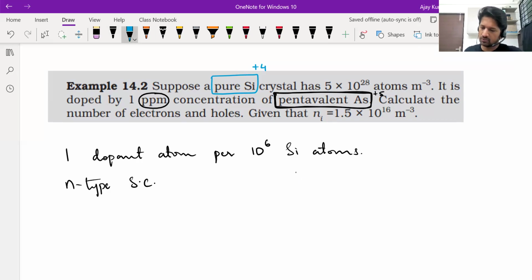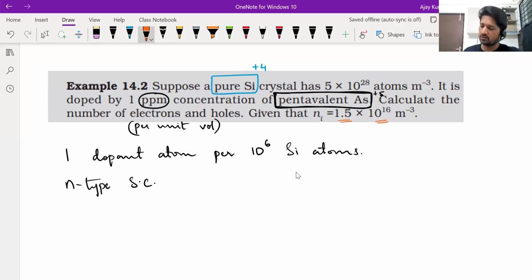Now they are asking you to calculate the number of electrons and holes. Not the exact number per unit volume, the concentration is what you are expected to calculate. And they have given you Ni. Ni stands for intrinsic charge carrier concentration. Ni is 1.5 into 10 power 16 per meter cube.